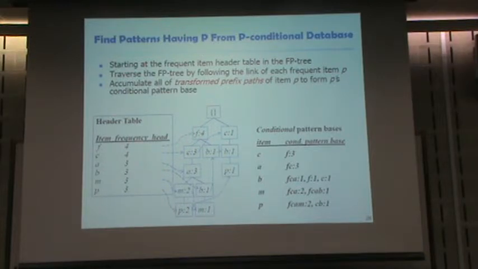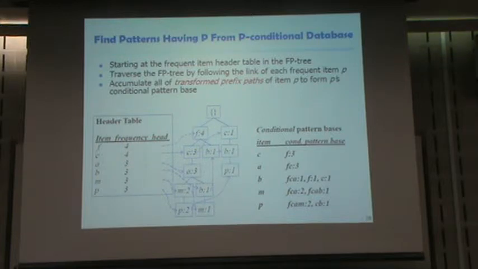It's 2, because this is a 2. So for P conditional, the pattern is 2 of F, C, A, M, and also 1 C, B, P. So based on P, there are 2 conditional patterns. That is called the conditional pattern base. The 2 of FCAM, and the CB.